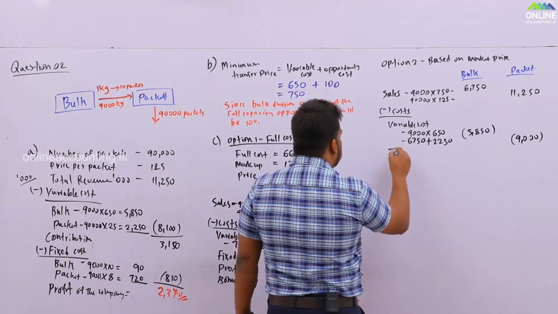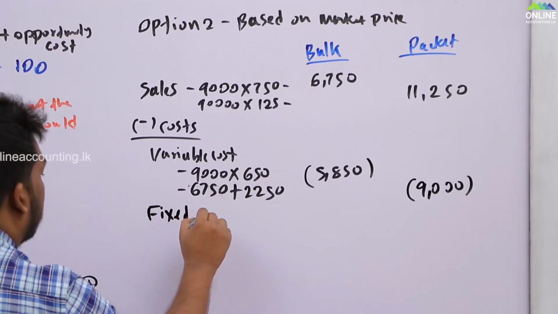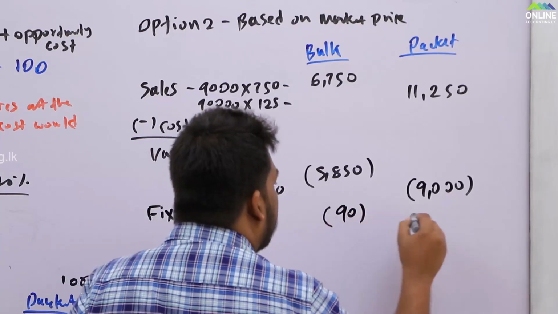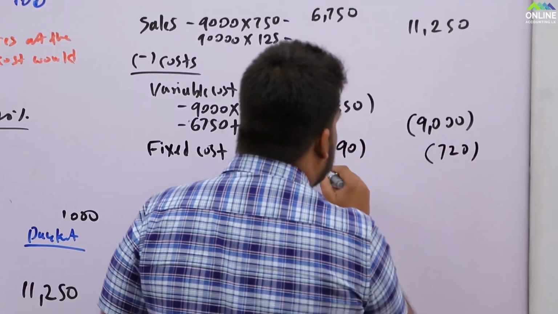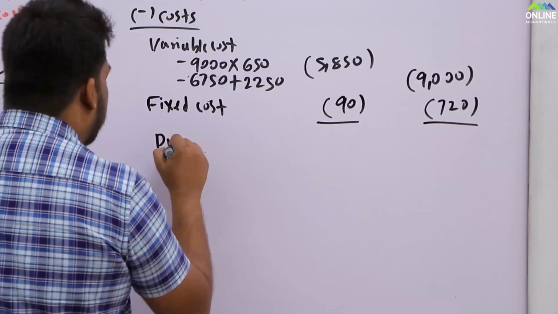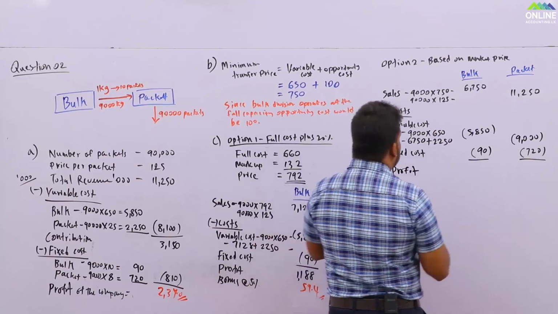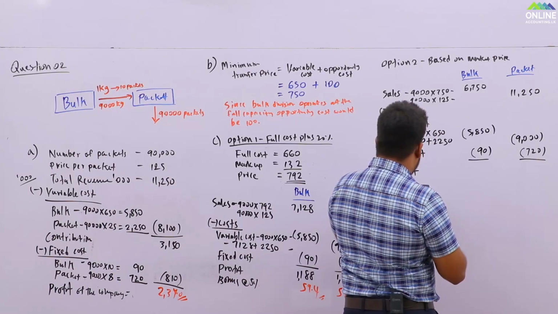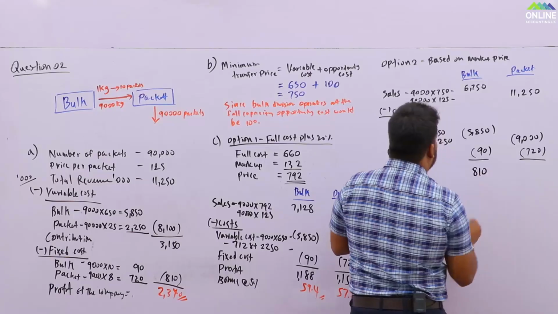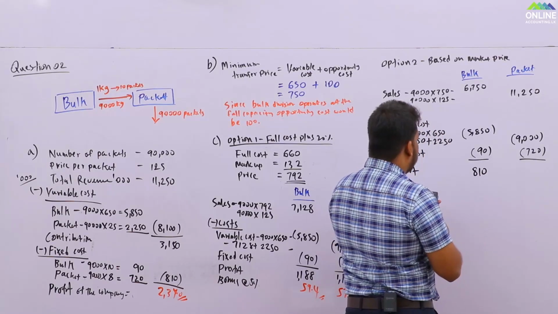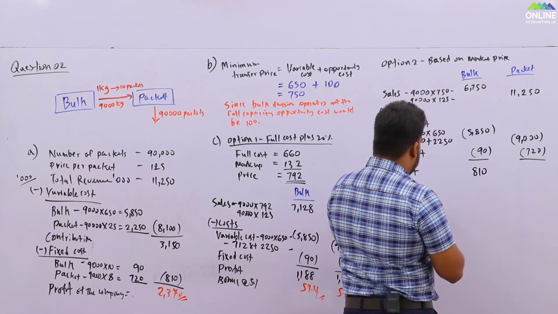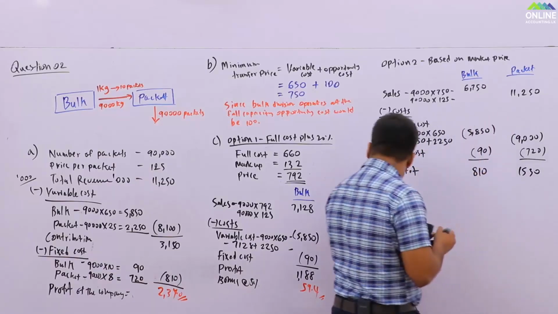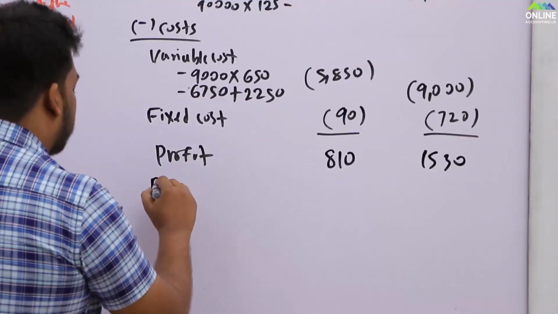Then the fixed cost, 90 and 720, and you will have profit. 6,750 minus 5,850 minus 90, 810. Here 11,250, 9,000 minus 720, 1,530.